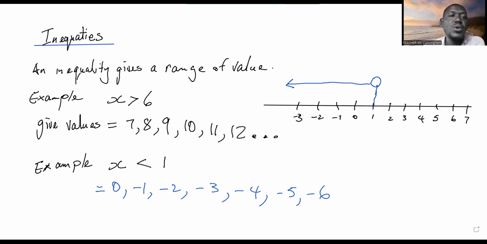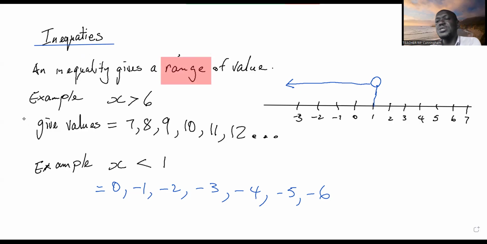So an inequality gives a range. Now I need to block off this in red, a range of values. Now the question is, what is a range? What is this range of values?